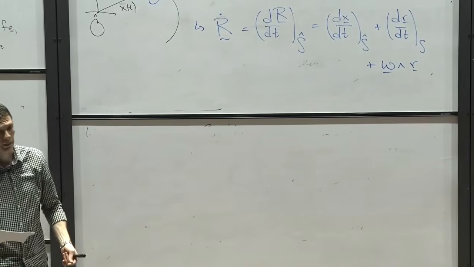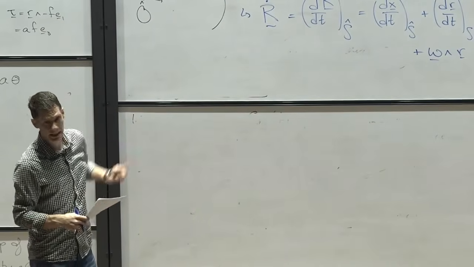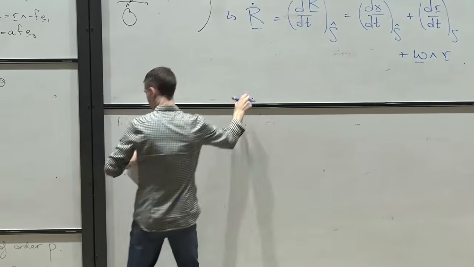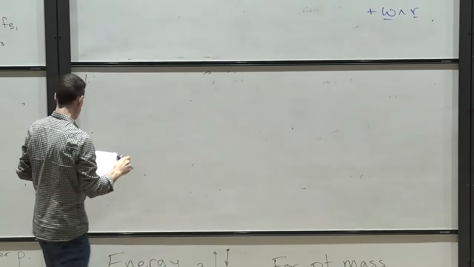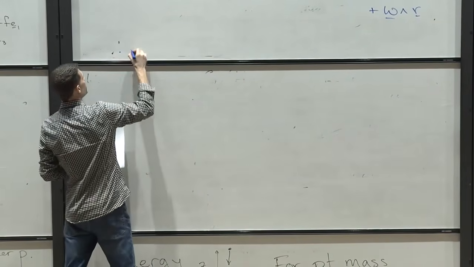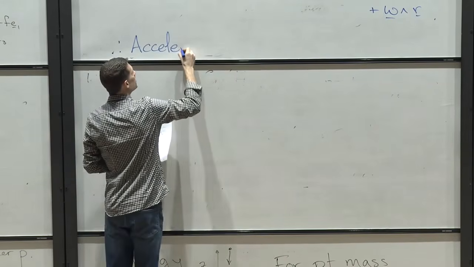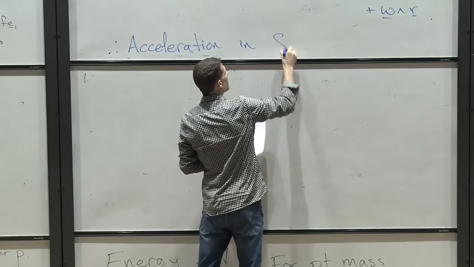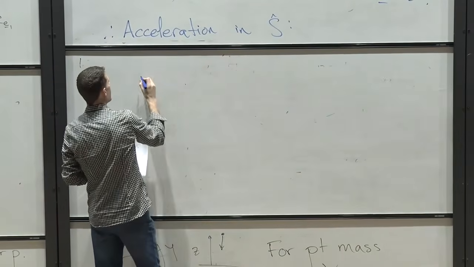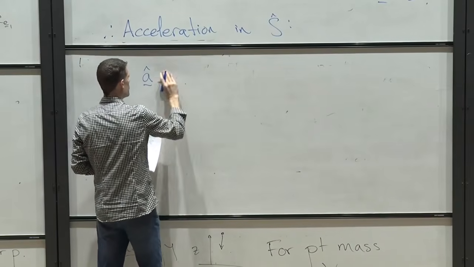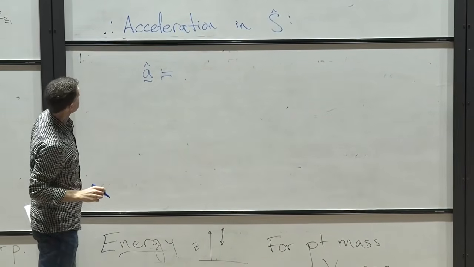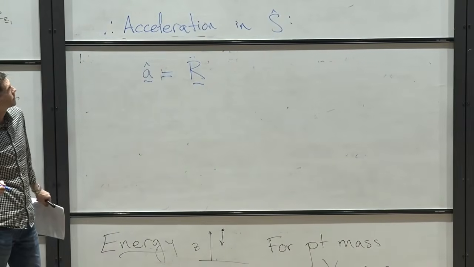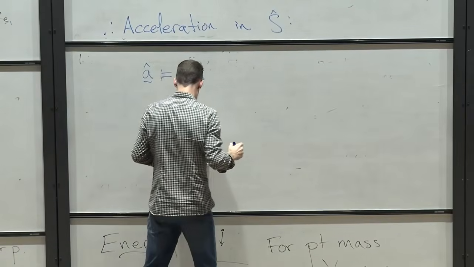Newton's second law means I need to talk about accelerations, and to talk about accelerations, I need a second derivative. Okay, so we need to be careful here. Let's see if we can take a second derivative. So therefore, the acceleration measured in S hat, let's call that a hat, is big R double dot.